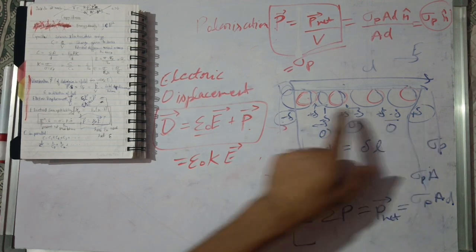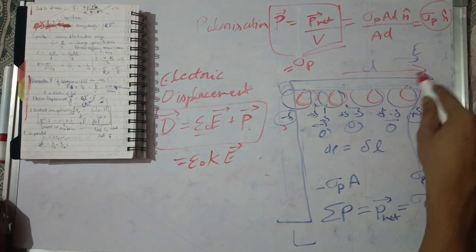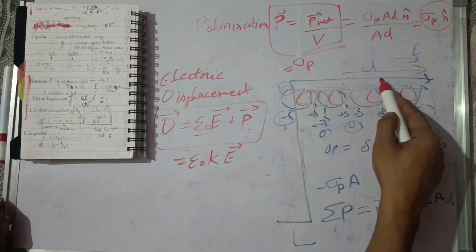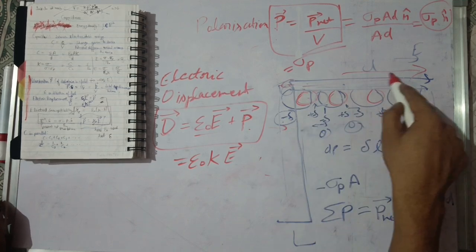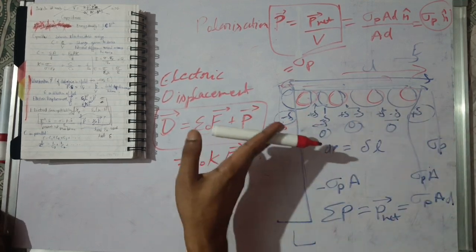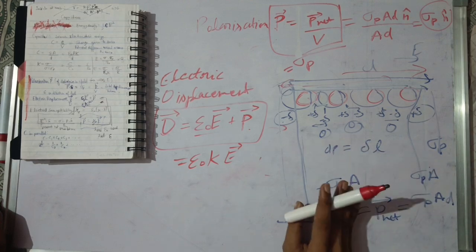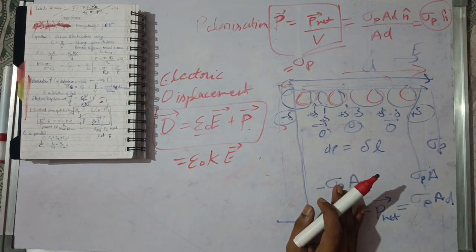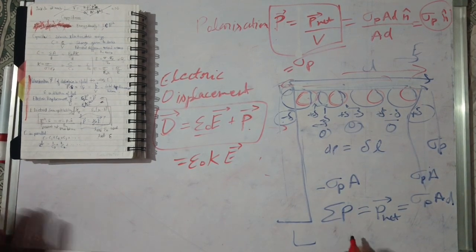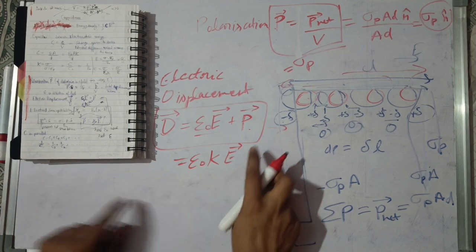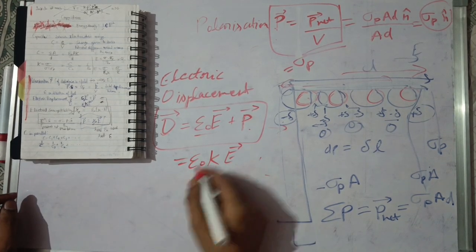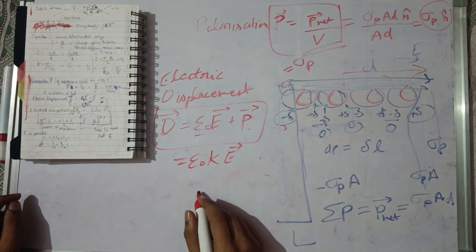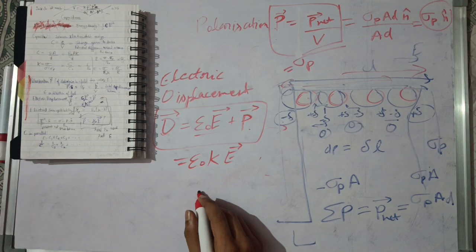Right now, when I produce the electric field in this direction, the negative charge will be in this direction. So the dipole moment will also point in the direction of the applied electric field, right? Okay, fine, these two are in the same direction.